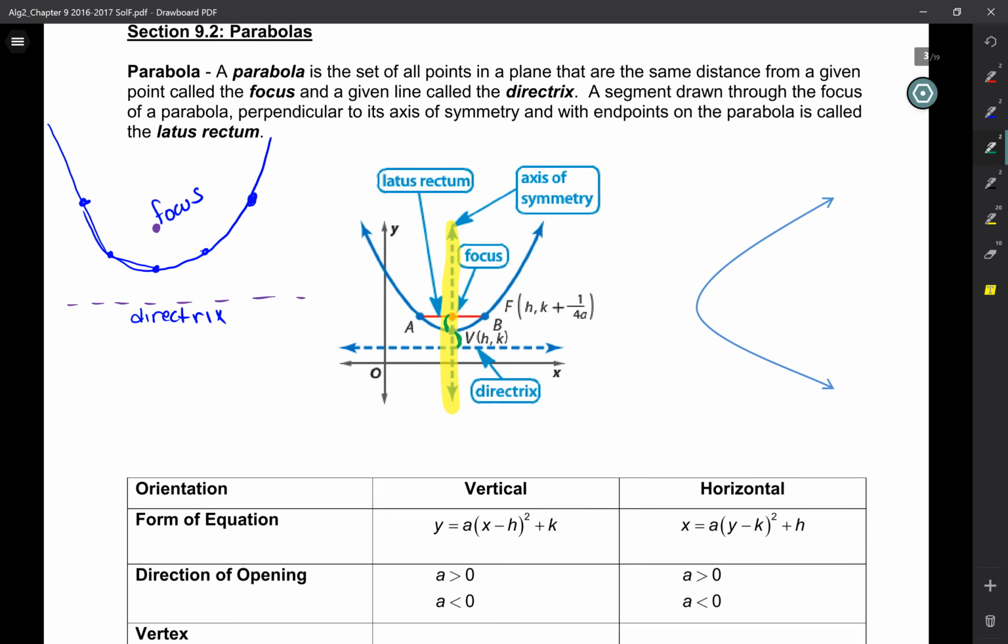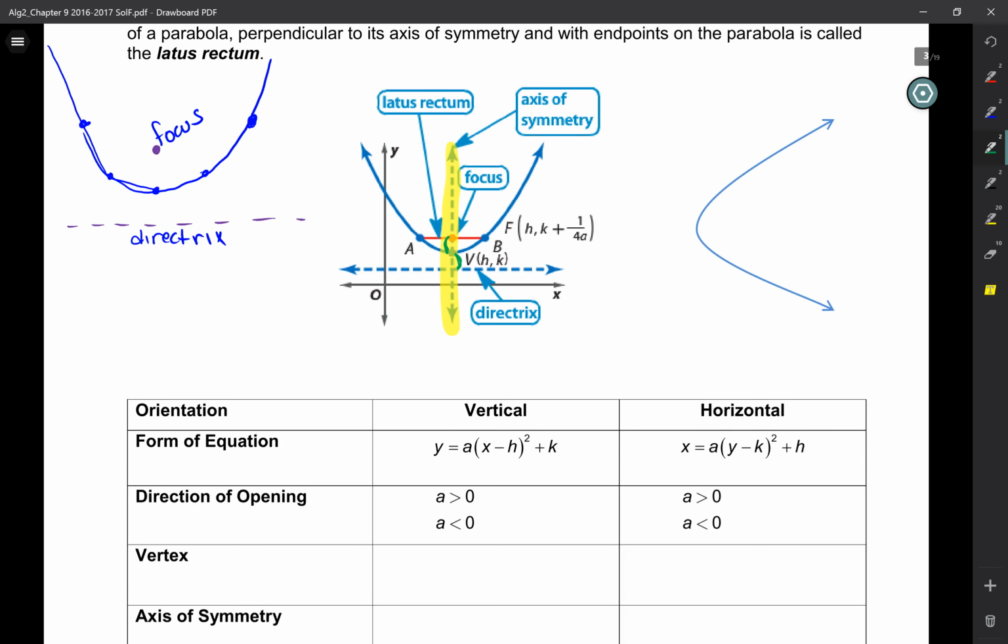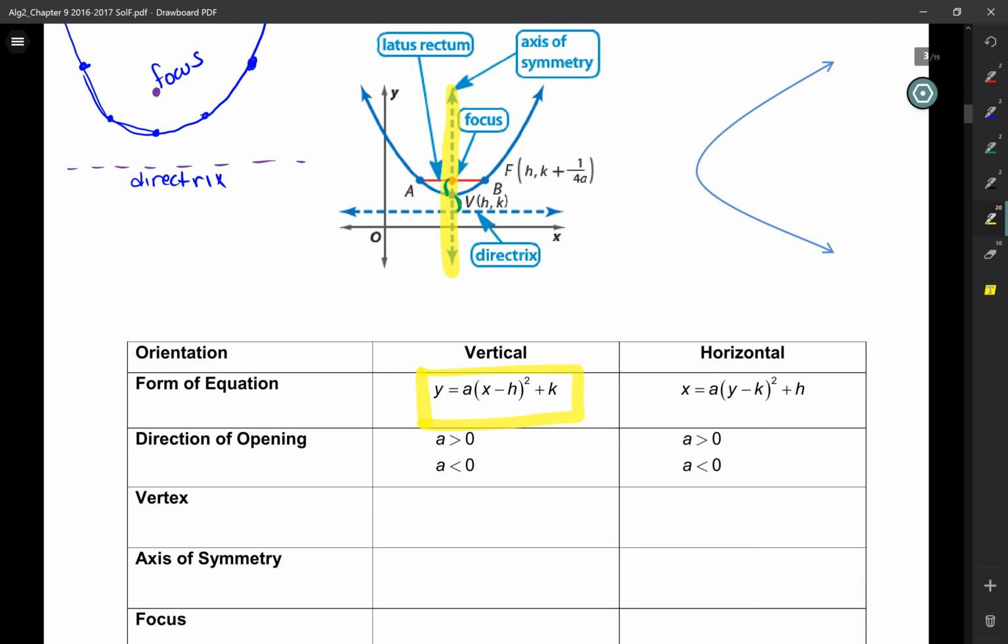a little bit of symbols and terminology. Remember this formula. We've seen this before. This is the equation, not the formula. This is the equation for a parabola. Remember? We did this in chapter 5. So it's y equals a(x minus h) squared plus k. That's how you get a parabola.